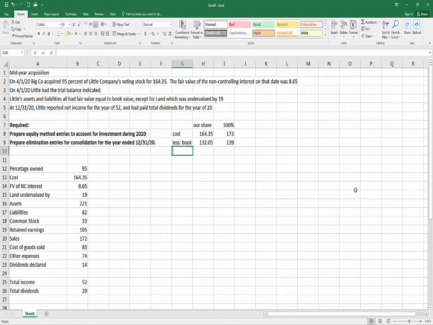For a differential, our share 32.3, total 34. Subtract out the undervalued land. Total was 19. Our share of that. So the remainder is goodwill.